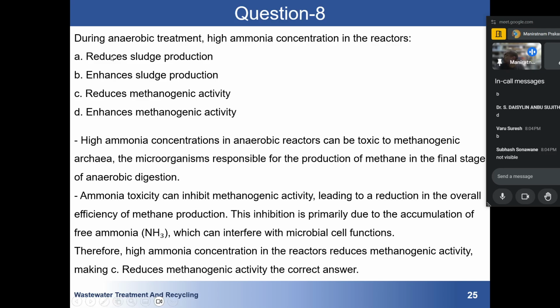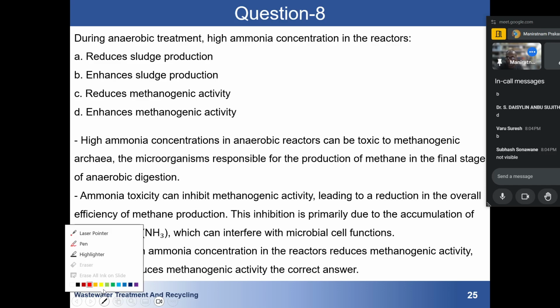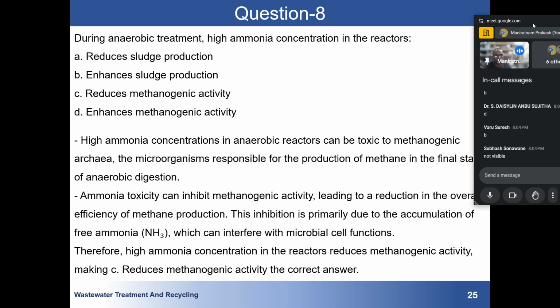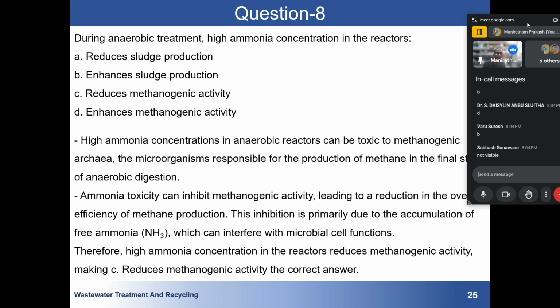Then, during anaerobic treatment, high ammonia concentration in the reactor. The answer is already given for this, so I will just read it out. This is also a concern in anaerobic treatment. Remember, if phosphate and nitrogen are there, these are typically nutrients, and their removal efficiency will be very low.